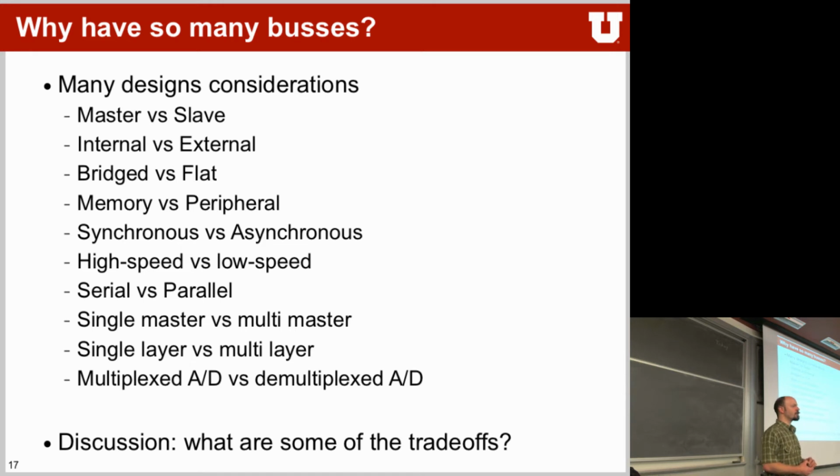Why would you have some buses, for example the AHB, that you run only internally? A lot of wires, right? Internally on a chip, you can have a lot of wires going back and forth between the different peripherals. You can have them 32-bit wide with 32-bit addresses, which would be 64 pins.